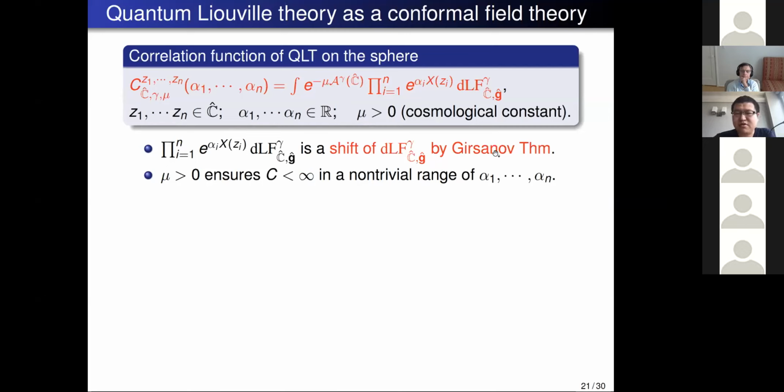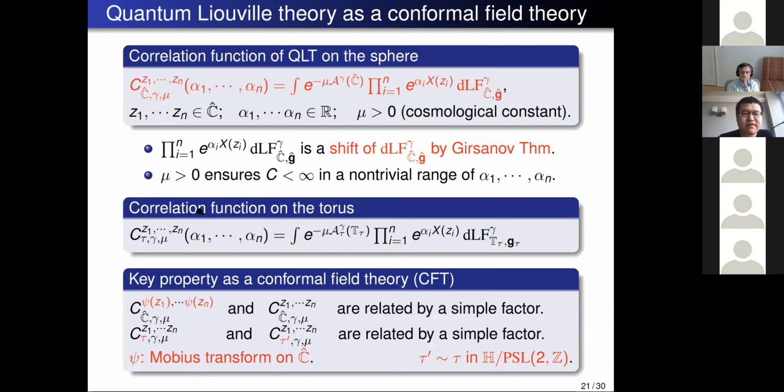This can make perfect sense. And we have to include this so-called cosmological constant because that will ensure that this correlation function is finite for a non-trivial range of parameters. We can also define the correlation function on the torus in a similar way. But here we need to involve this moduli parameter because the torus has more than one conformal structure.